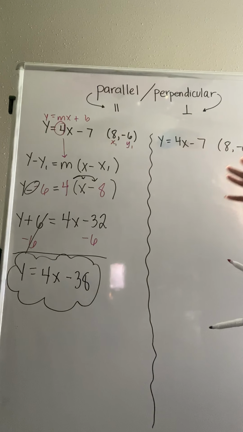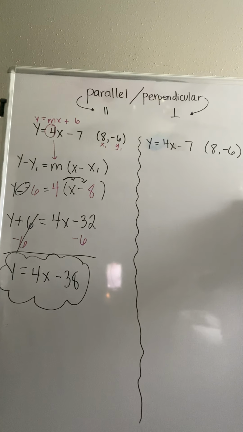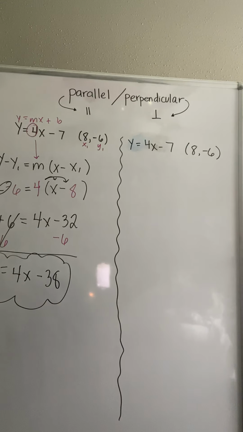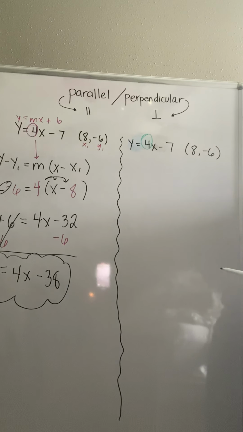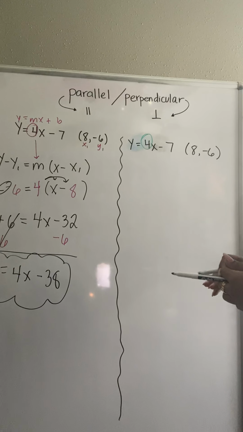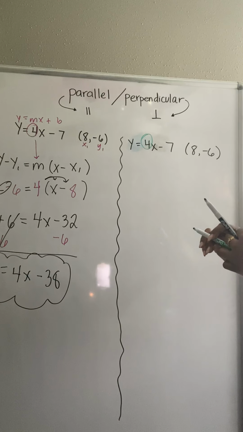Now we're going to take this same line on the other side, and we're going to write an equation that is perpendicular. Perpendicular means that their slopes are going to be opposite reciprocals. So we're not going to be using the same slope, but we must start by identifying the slope, which is 4, and we want to find the opposite reciprocal.